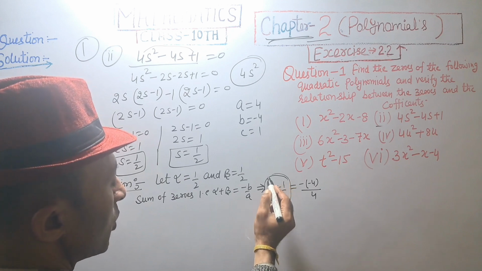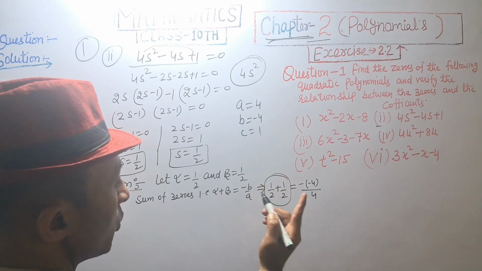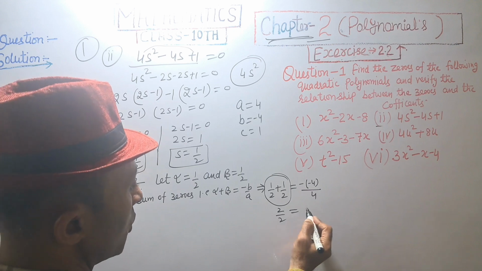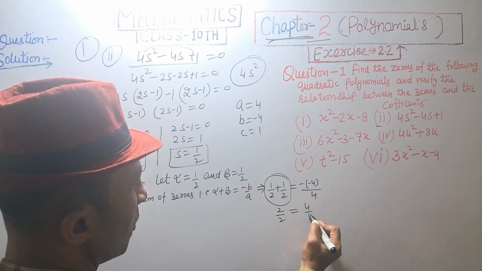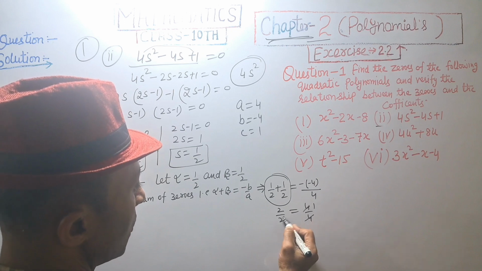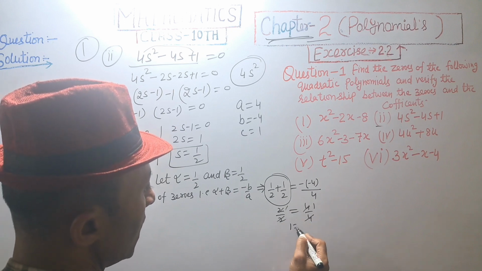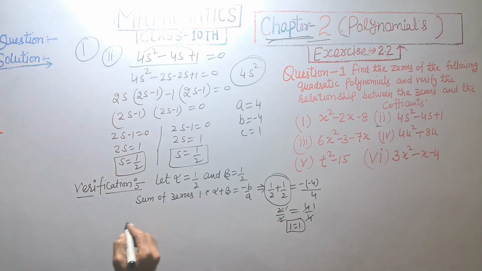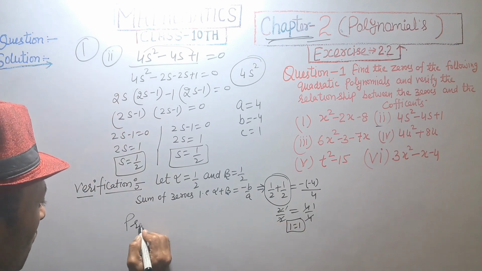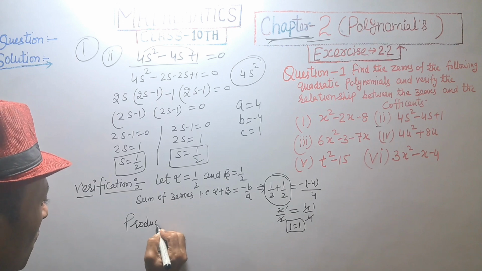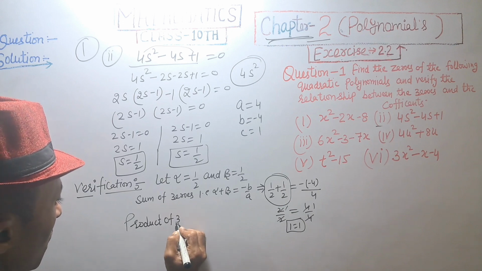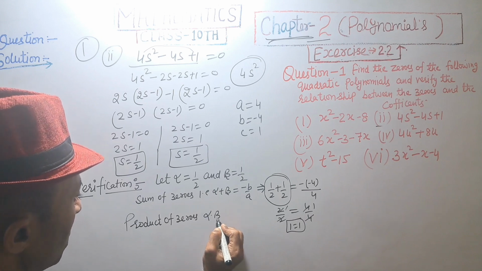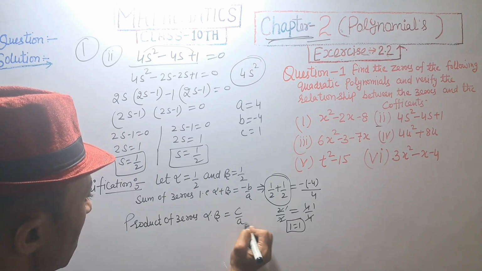1 upon 2 plus 1 upon 2 is equal to 1, or 2 upon 2, and 4 upon 4. This cancels, 1 is equal to 1. And product of zeros, alpha into beta equal to c upon a.